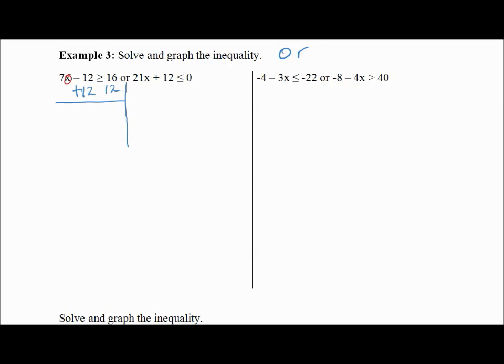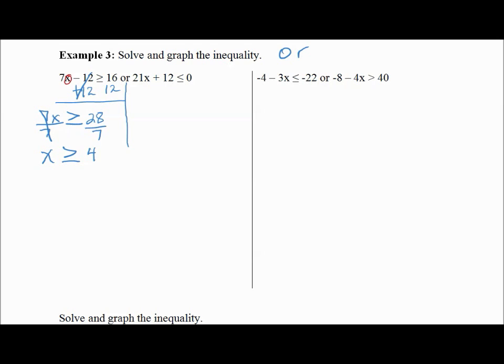That leaves me with 7x, the 12's cancel out, bring down my greater than or equal to symbol, and 16 plus 12 is 28. Now I'll divide both sides by 7. That leaves me with x greater than or equal to 28 over 7, which is simply 4. Now I'll come back and solve this other one.